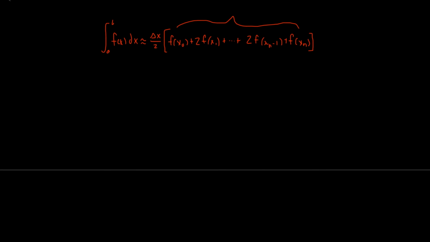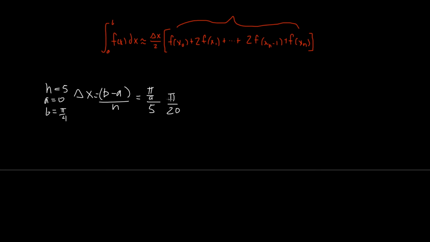So we earlier said that we have 5 subdivisions, so we know that n equals 5. And our a is going to be 0, and our b is going to be pi over 4. With this information, we can calculate the change in x, which is b minus a over n. The change in x is pi fourths over 5, which is the same thing as pi over 20.